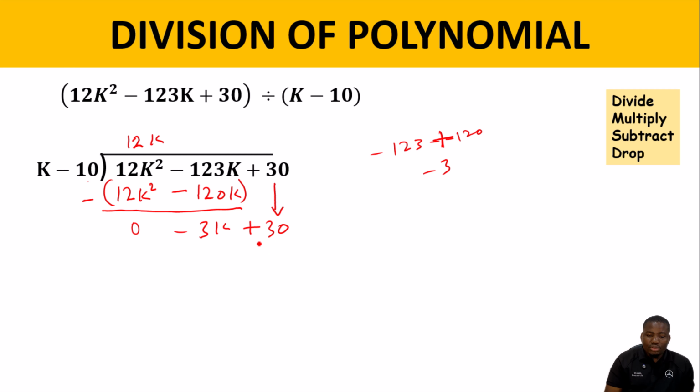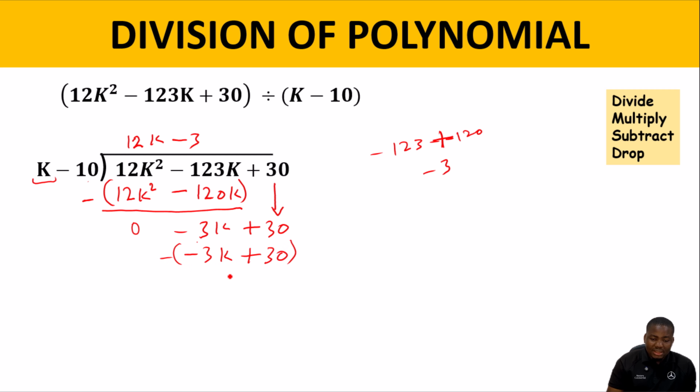The next thing we want to do now is take this, because this negative 3k is our new leading term. We divide it by k as well. When we divide it by k, we get negative 3. Negative 3 times k is negative 3k. Negative 3 times negative 10 is positive 30.